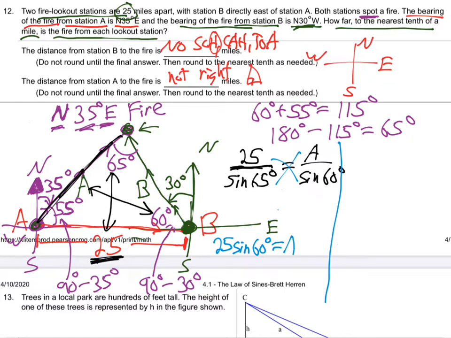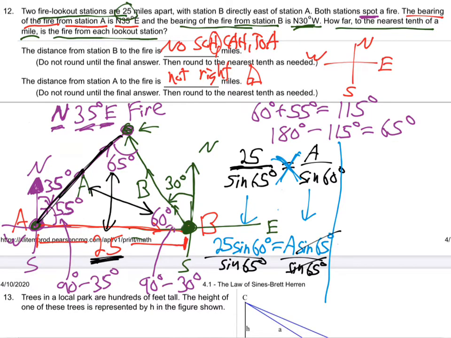I just cross multiplied. And then how do you finish solving for A there? Divide by the sine of 65. Boom, boom. A is alone.